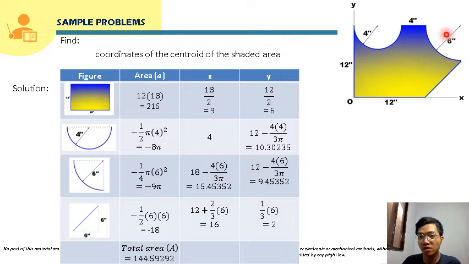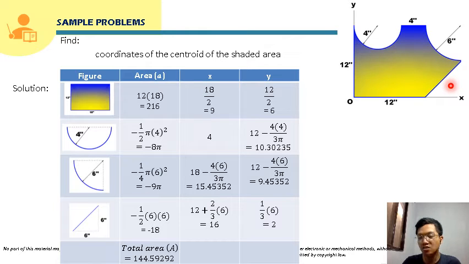So the x coordinate will be 4r over 3 pi, and the distance from the reference point to the edge will just be 18. So this will be 18 minus 4r over 3 pi to solve for this distance. This is the x coordinate that we need. Again, that is 18 minus 4r over 3 pi, so that will be 15.45352.